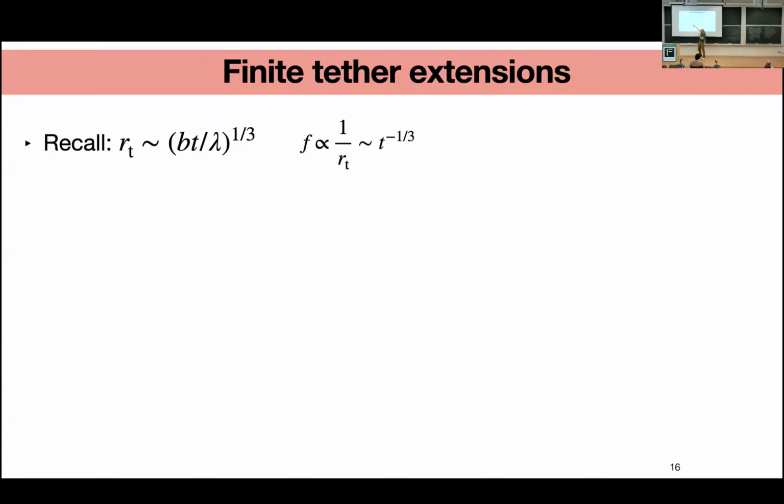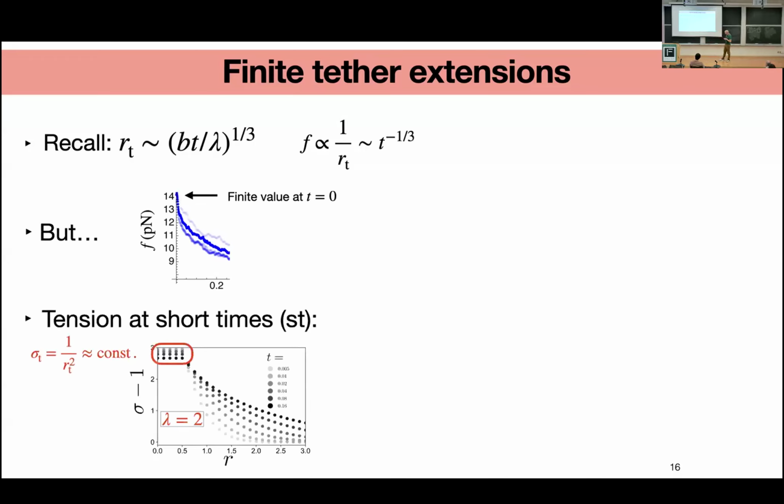Another way to say the same thing is that, remember, the force holding the tether depends inversely on the radius. So if the radius is super small at time t equals 0, that means the force is enormous. And that's patently untrue. We know that in these experiments, the tether force starts at some finite value and then decays. So how do we deal with that?